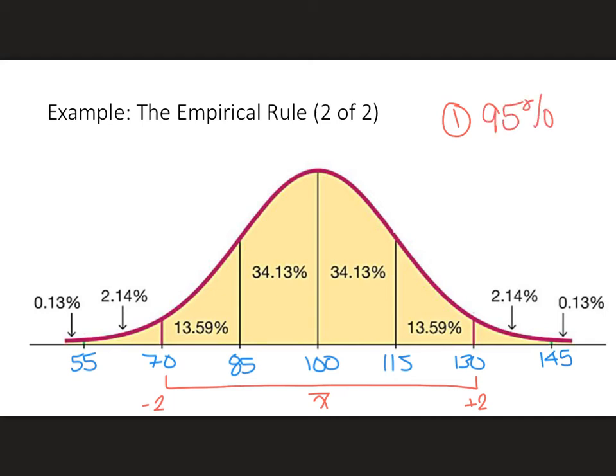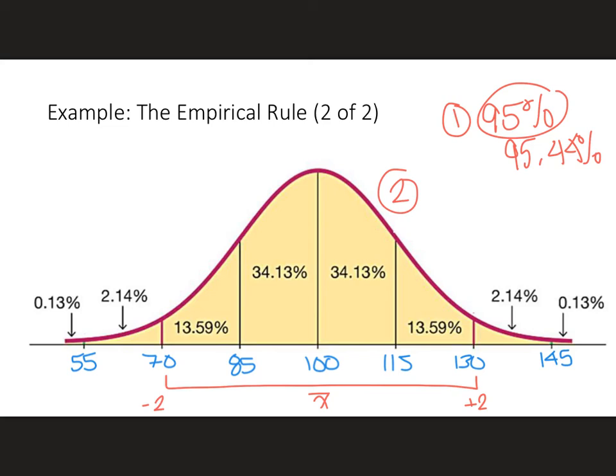So about 95%. Now, if you add up your numbers here that are given to you in this chart, I think you're going to get 95.44%. Again, this 95% is an approximation because that's how it is with an empirical rule. Question 2. What percentage of IQ scores are between 70 and 100?